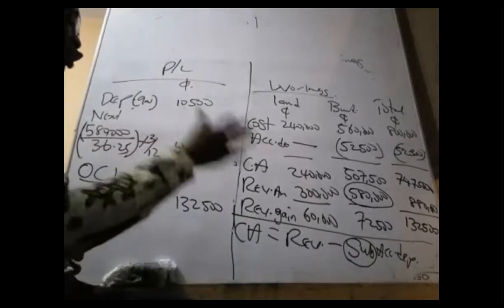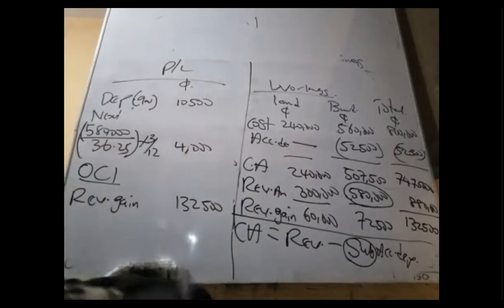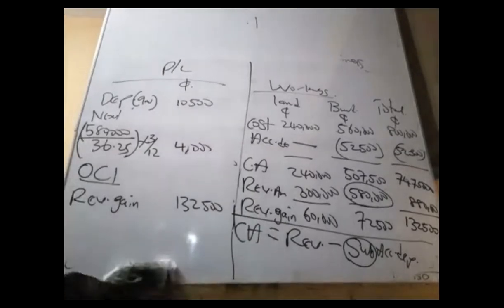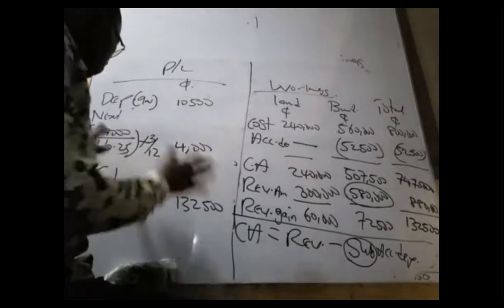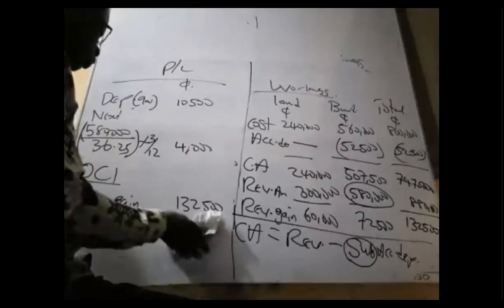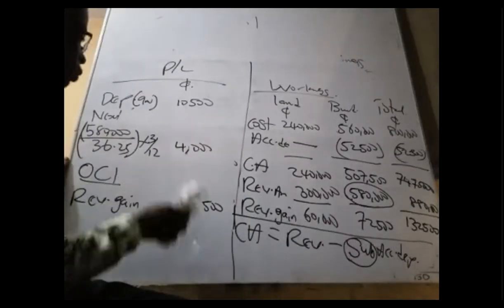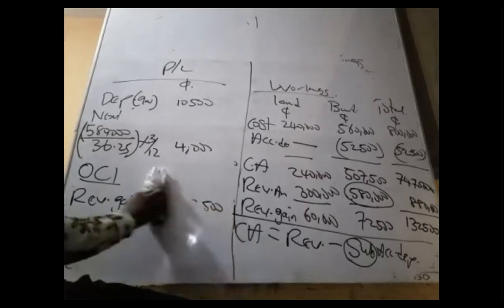So here, if I ask you to find the carrying amount of this asset for me, how do you get that? Let's see how best we can calculate it. Let me quickly take this section off and do the carrying amount calculation.